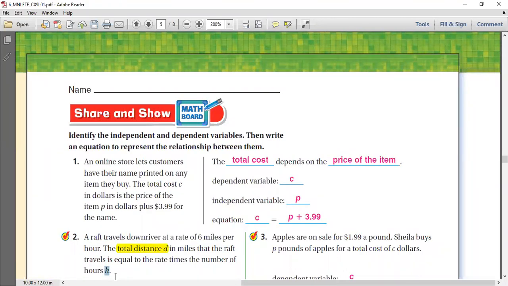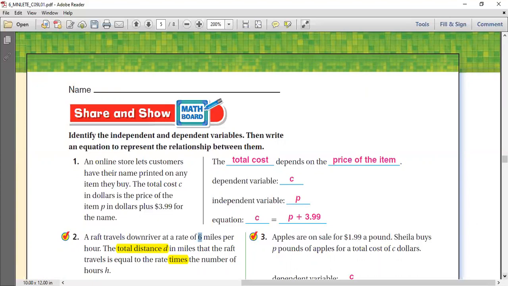So the distance is also dependent. The raft travels is equal to the rate times the number of hours h. Times means multiply. Remember, times means multiply. So something multiplied by h, this much we know. So what is the rate of the raft? It's 6. So it should be 6 multiplied by h, right?